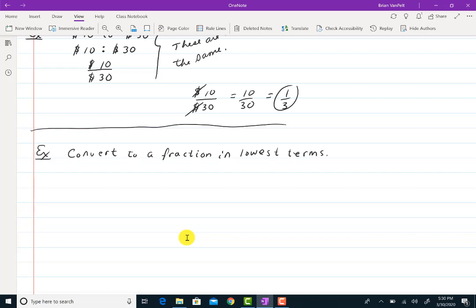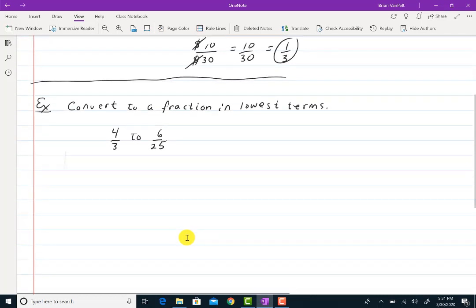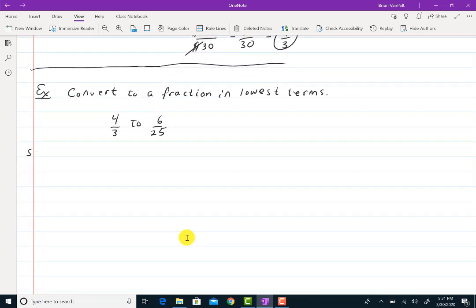And what I give you here is 4/3 to 6 over 25. So for that one, I would treat it this way: 4/3 divided by 6 over 25. And then this is a ratio as like the last example.